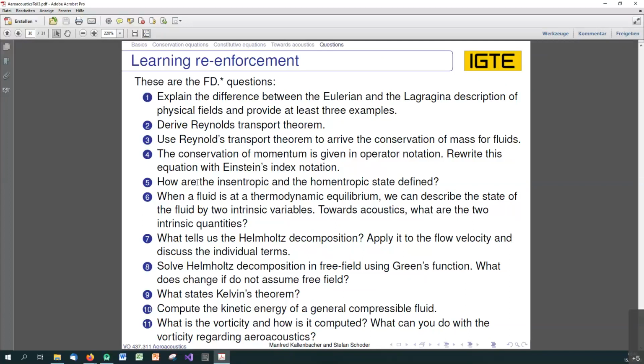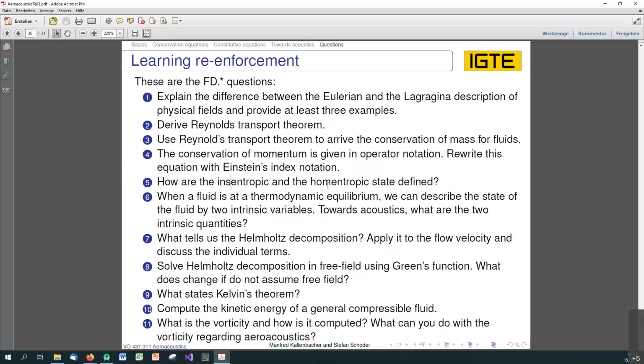And then the fifth question, which you will have to hand in, is: how are the isentropic and homentropic state of a fluid defined? It's covered in the lecture notes, and I will point it out when we are there.